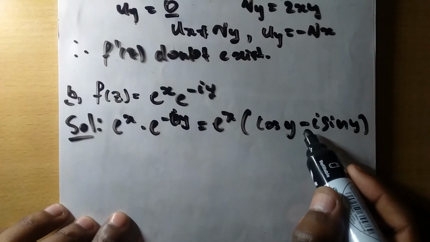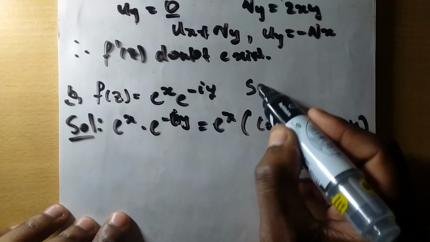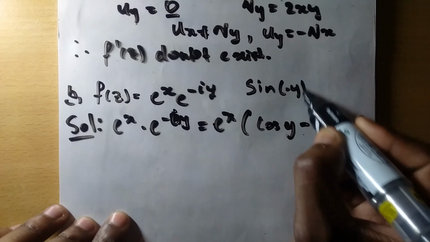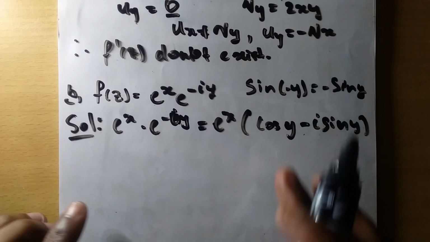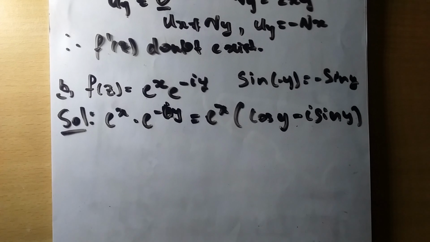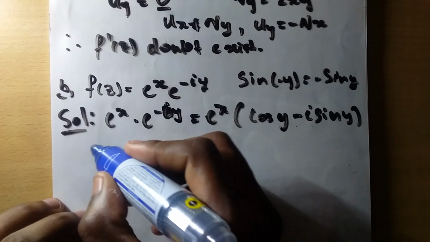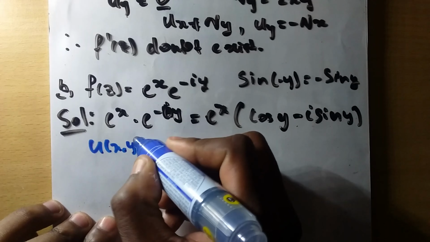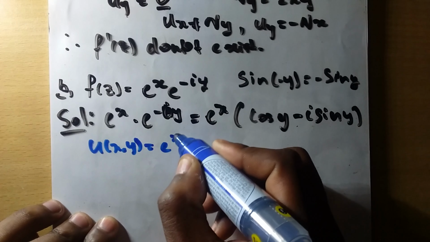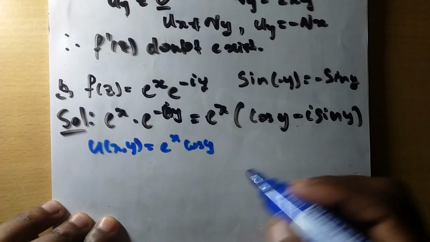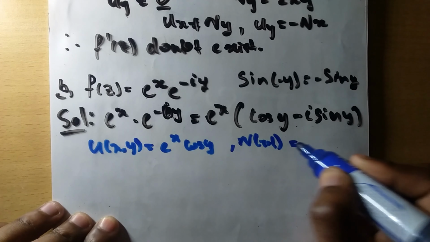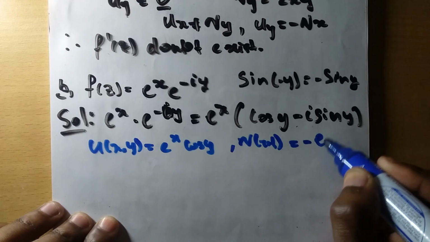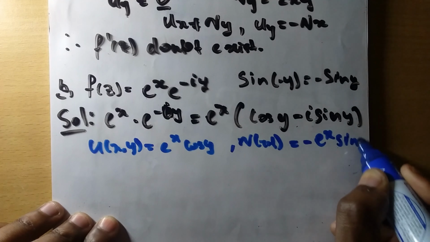This minus comes from the fact that sine of negative y is equal to negative sine of y. So we can strictly identify our u of x,y as e to the x cos of y, and our v of x,y as negative e to the x sine of y.